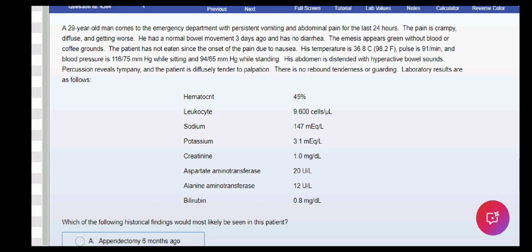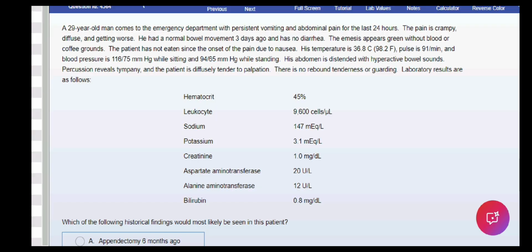The patient has not eaten since the onset of the pain because of nausea, no fever, meaning no infection, pulse good, blood pressure good, while standing low. His abdomen is distended with hyperactive bowel sounds. On percussion, we see tympany, and the patient is diffusely tender to palpation.